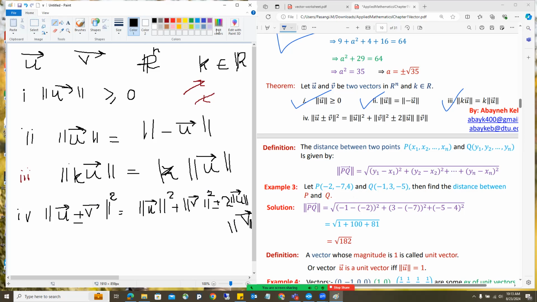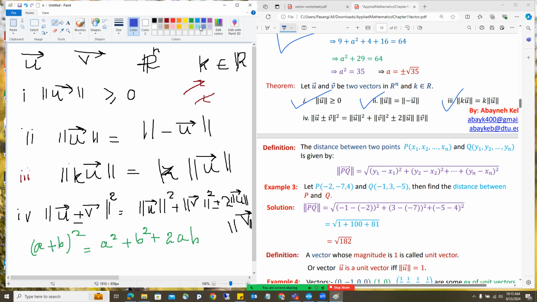So here we just applied the same thing. It's like a plus b squared is what? A plus b squared means a squared plus b squared plus 2 times ab.